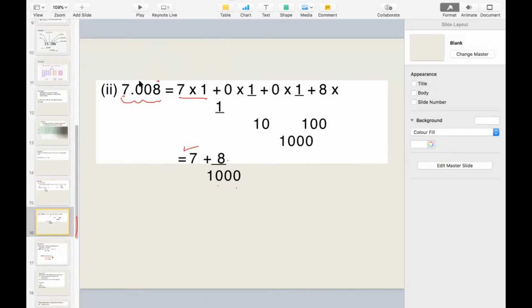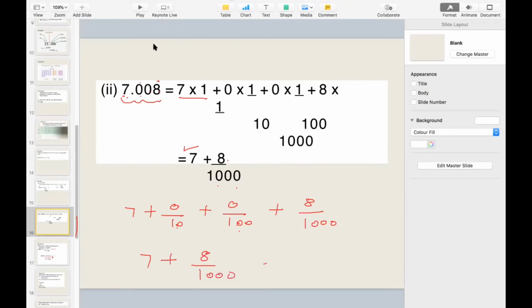Because this 0 is at the tenth place, we write expanded form like this: 7 plus 0 upon 10, then 0 upon 100, and then 8 upon 1000. Generally we don't write these terms because there is no value: 0 divided by 10, 0 divided by 100. So we write 7 plus 8 upon 1000.